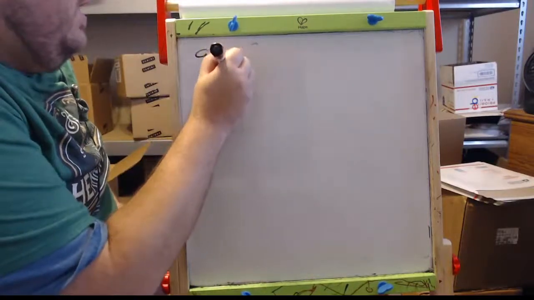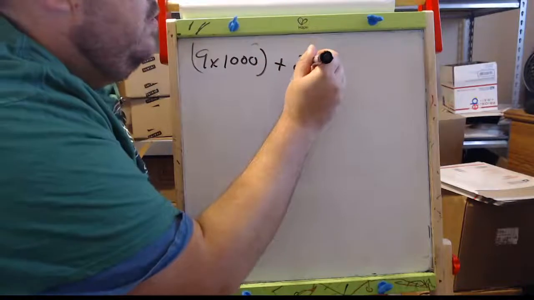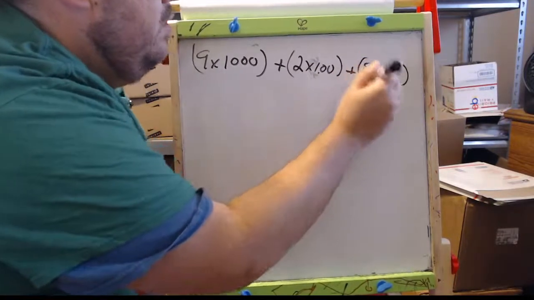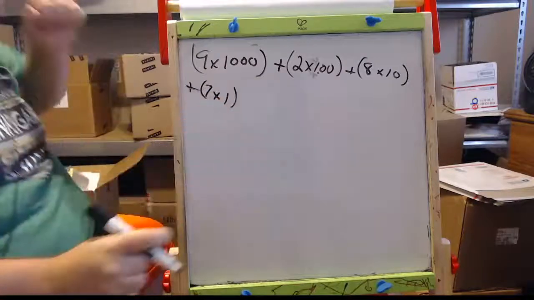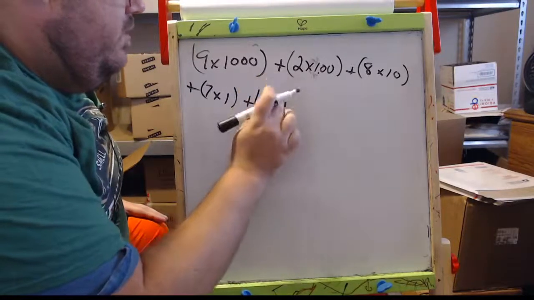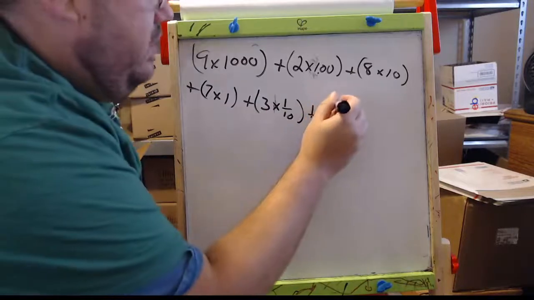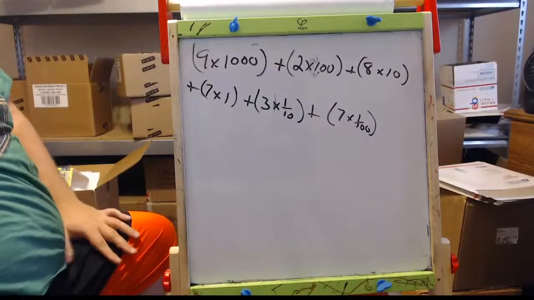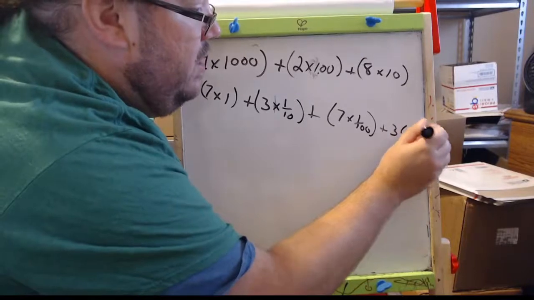Let's just do what you wrote: 9 times 1,000 plus 2 times 100, plus 8 times 10, plus 7 times 1, plus, in my parentheses, 3 times a tenth, plus 7 times 1 hundredth, and 3 times 1 thousandth.